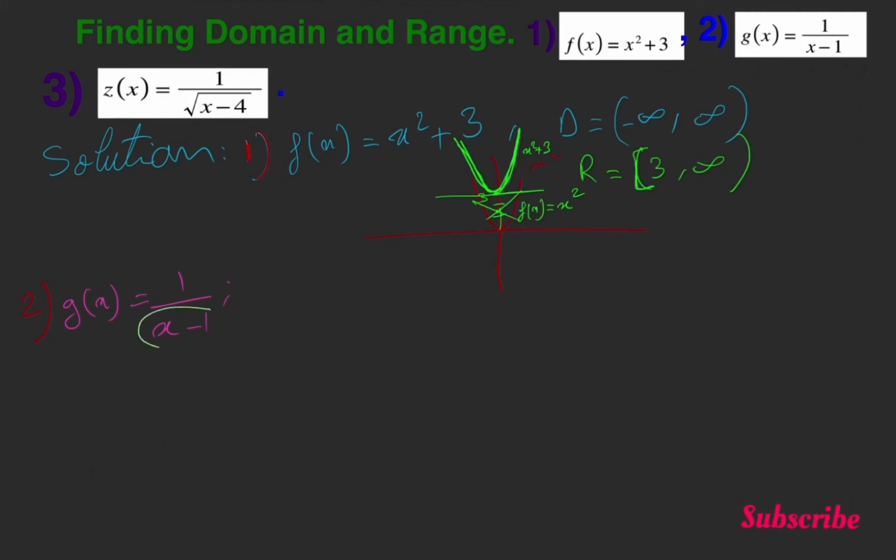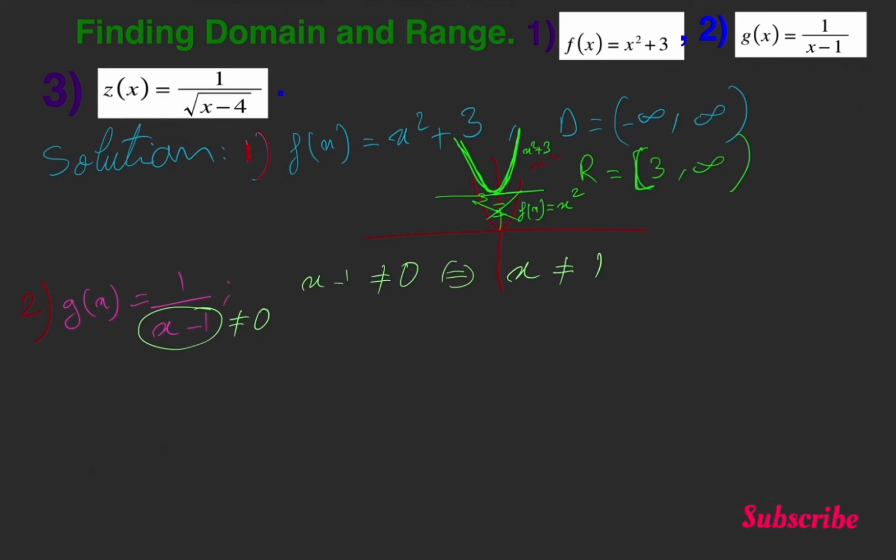The denominator shouldn't be 0. Why? Because 1 over 0 is undefined. So x minus 1 couldn't be 0, therefore x couldn't be 1. This is the only restriction we have in this situation.